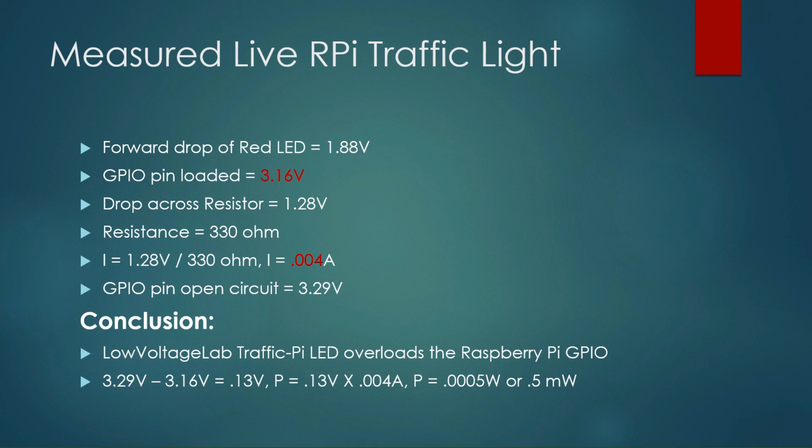But by how much? Well, we could say safely 2 to 3 milliamps. That's what the book says. But we could figure out exactly how much power we're dissipating in the junction that pulls down that GPIO pin and lights the LED.